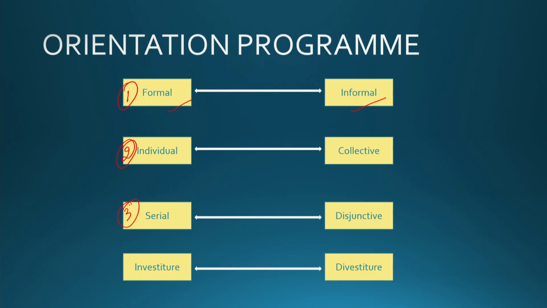The third category of orientation is serial versus disjunctive orientation. Serial orientation means that a senior employee is provided to the new employee and he becomes his mentor while the orientation is going on.